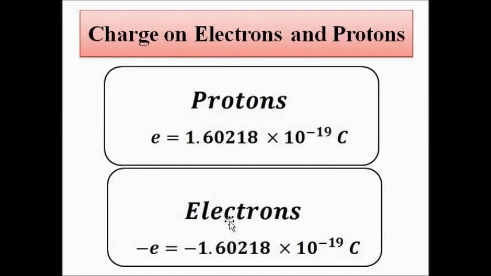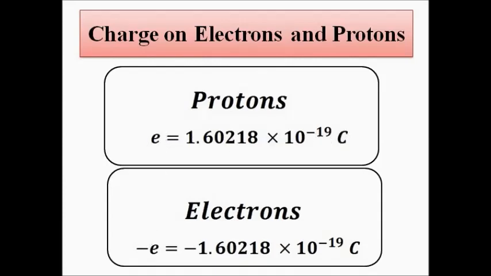When we say that electrons carry minus e charge, it automatically refers to minus 1.6 into 10 to the power minus 19 coulomb. So whenever we see anything written in terms of e, it means 1.6 into 10 to the power minus 19 coulomb. It can be positive, it can be negative.